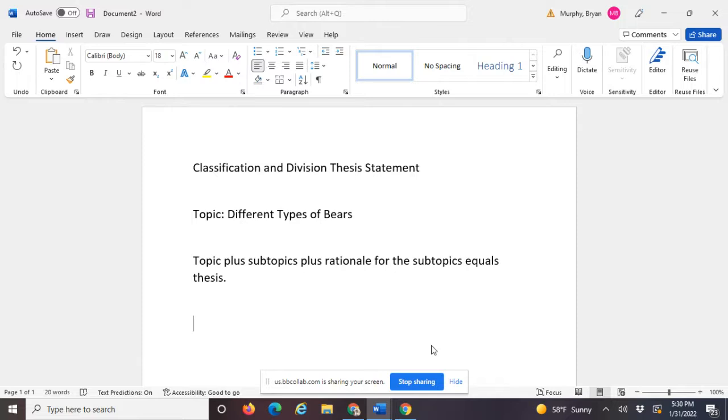But what is the issue with bears? Well, the issue with bears is that a lot of times people don't know that different bears react differently and they pose different levels of danger. Some bears are way more dangerous than other bears, and other bears really aren't that dangerous at all. So maybe we could do, all right, the tendency of people to misunderstand bears and the dangers they pose.